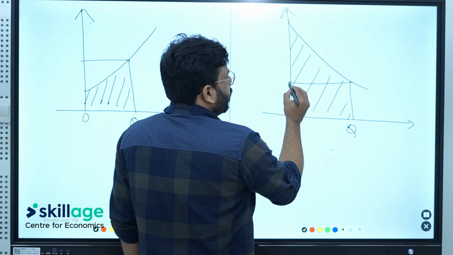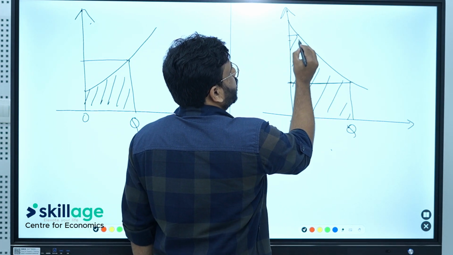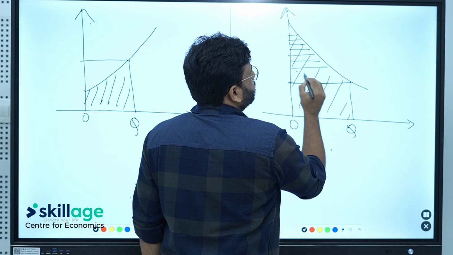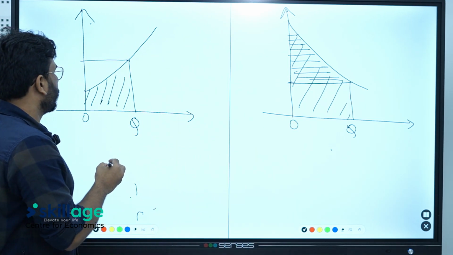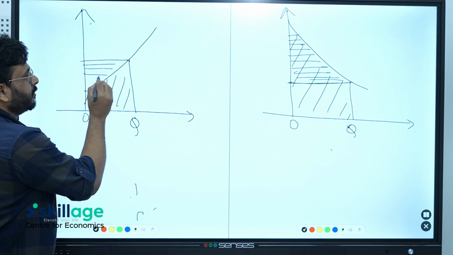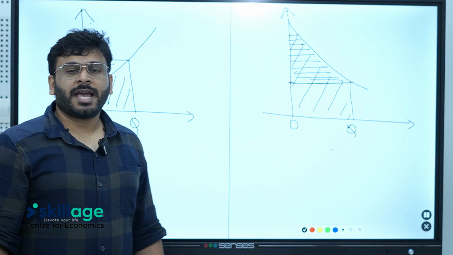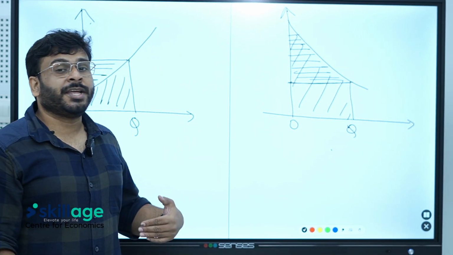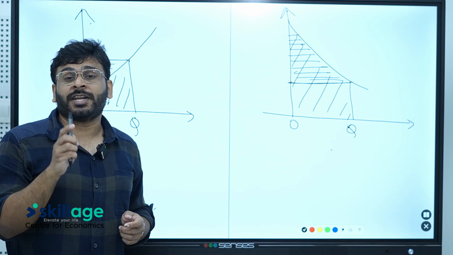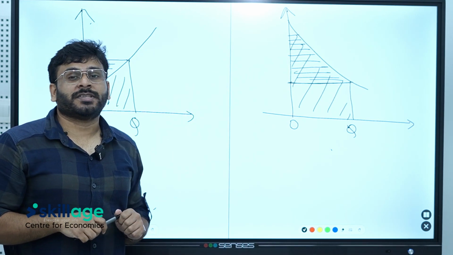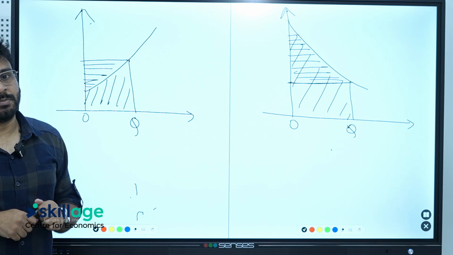And this will be the area of your consumer surplus, right? And this will be your producer surplus. Now in economics, we will be using the idea of definite integrals to find out the area of consumer surplus and the area of producer surplus.